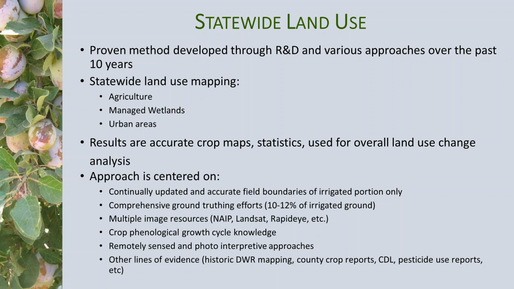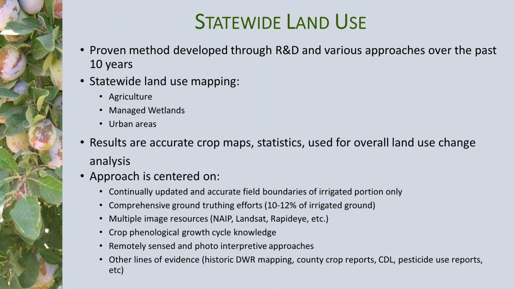The results are 96.6% accurate crop maps and statistics that can be used for overall land use change analysis, modeling, and planning. It's always nice to have that type of consistent land use across a landscape, like I mentioned.